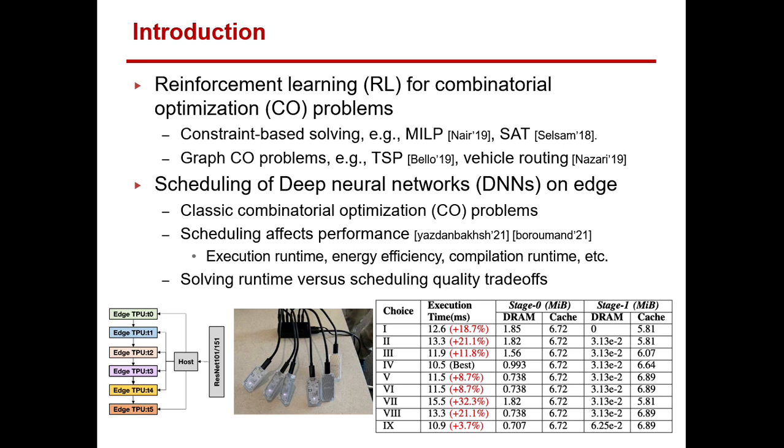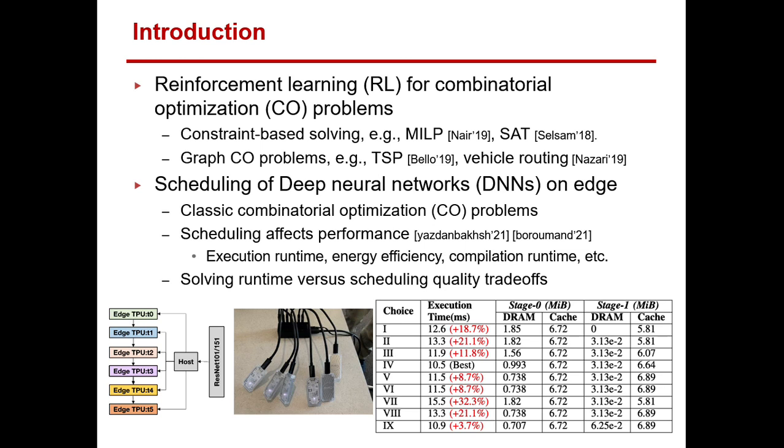It's well known that DNN model scheduling results can affect the edge device runtime performance significantly, which can be verified from our ResNet 50 evaluations, which is based on 9 different scheduling solutions. For example, we can see that scheduling solution 7 has a runtime performance degradation of 32%.